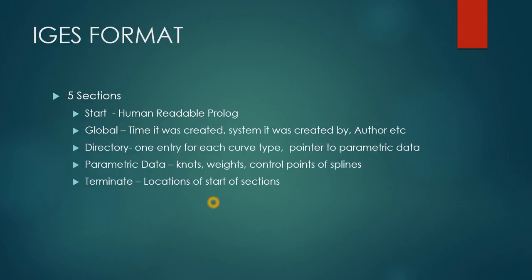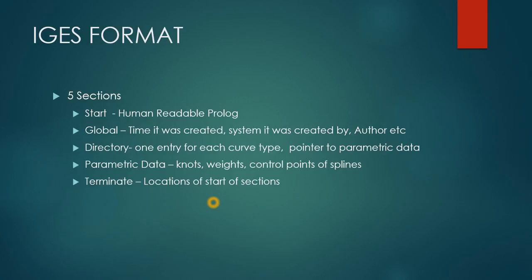I want to talk for a minute just about what the IGES file is and how it's organized, so it's not such a big mystery. There's 5 sections. There's a start section, which is just one or two lines. It just has a human readable prologue.